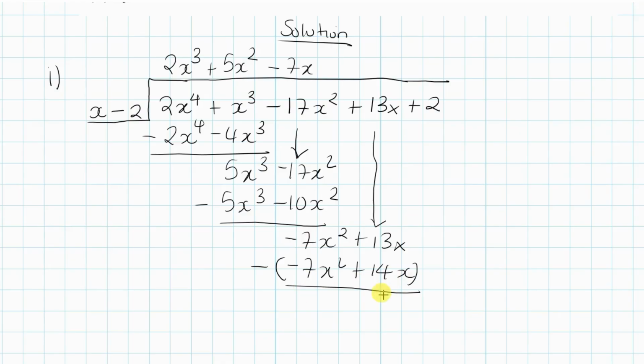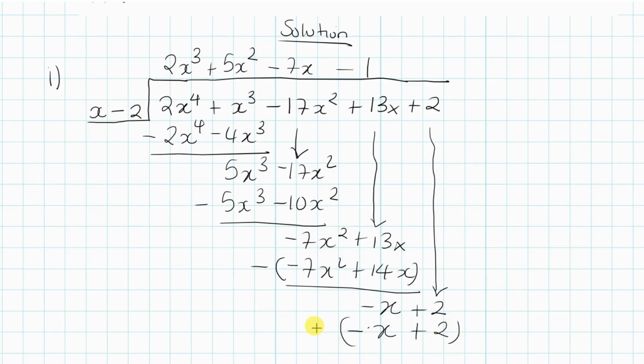That will give you 0, and that will give you negative x. Then you bring down the 2. So negative x divided by x is going to be negative 1. Negative 1 times the factor is going to be negative x plus 2.